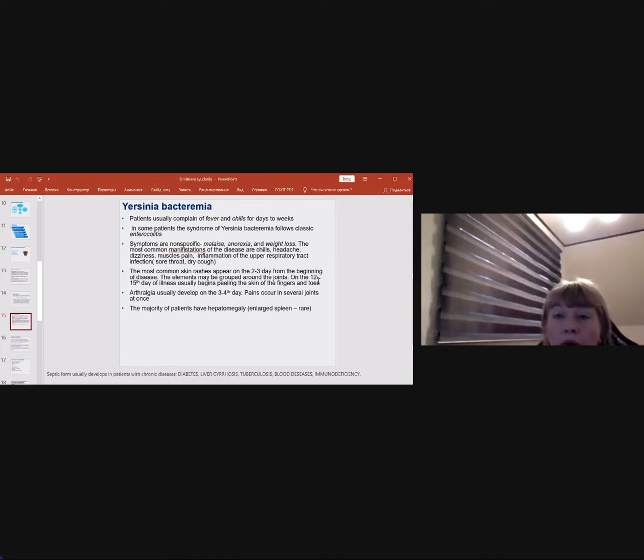You know about the clinical symptoms of this generalized form, and you know about the differences between scarlet fever and the scarlet fever-like form of yersiniosis.